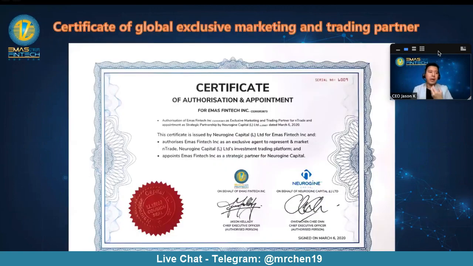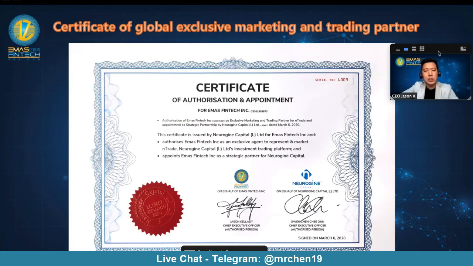Thus, I told him that we need to sign a global exclusive partnership, because we both developed this engine, and this is the certificate for your information. If you are thinking that this global exclusive marketing and trading partnership is going to expire, one thing I can tell you: no, because we both developed this engine together.